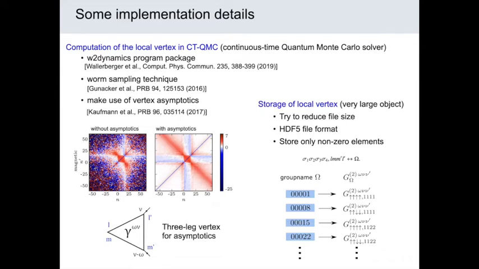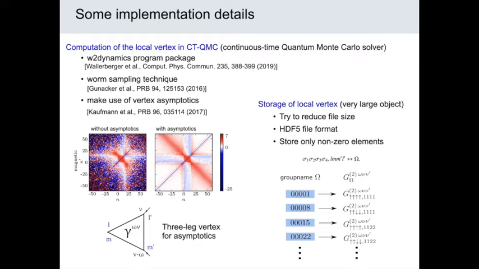So basically you have here these sigma 1, sigma 2, sigma 3, sigma 4, which are the spin indices of the vertex function. The l, m, m', l' are the orbital indices. You convert those to one index, simply a number. That is then the name of the group in your HDF5 file.